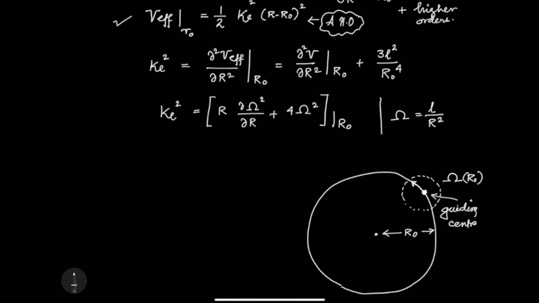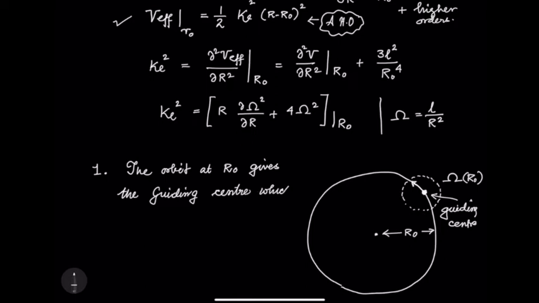The angular frequency, so there are two things happening here. One is that the orbit at r0 gives the guiding center, which moves with an angular speed omega, right?